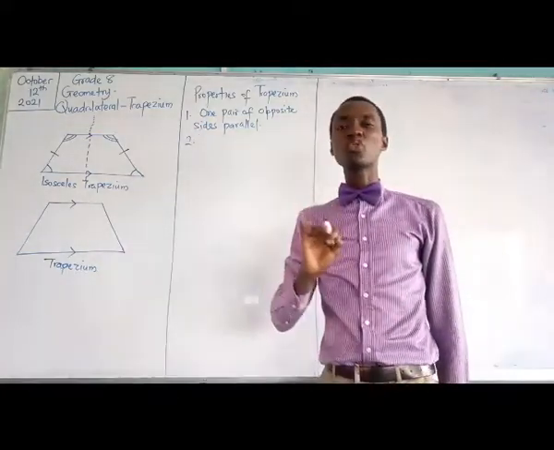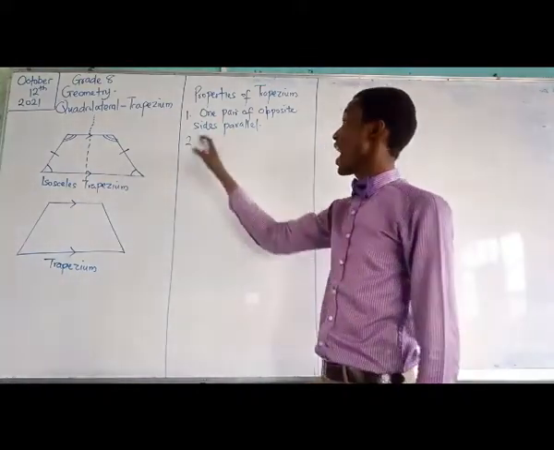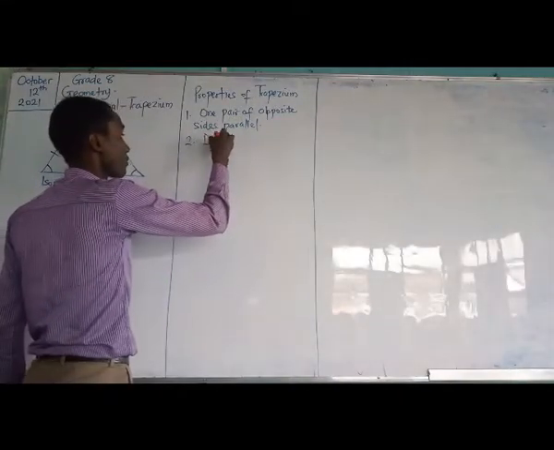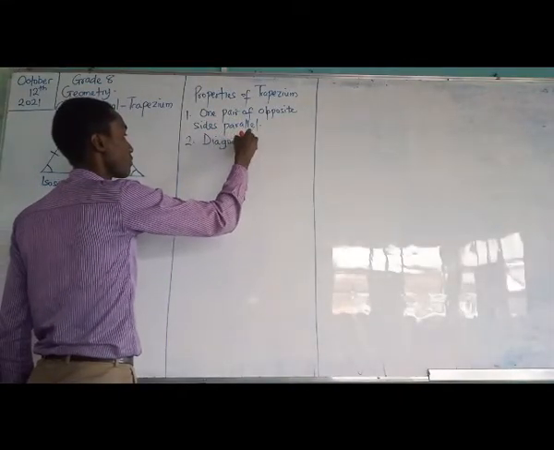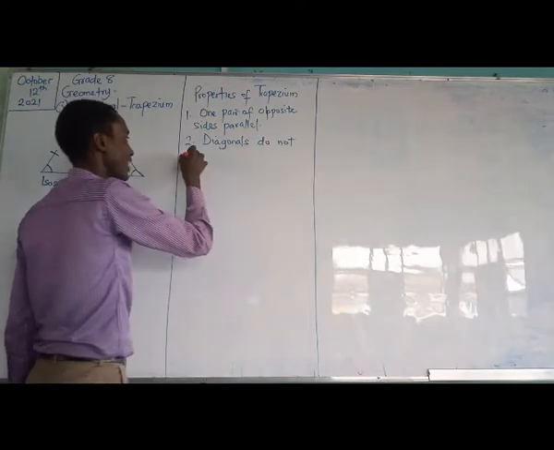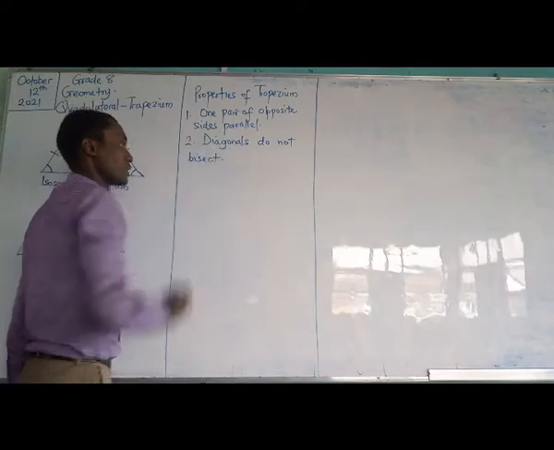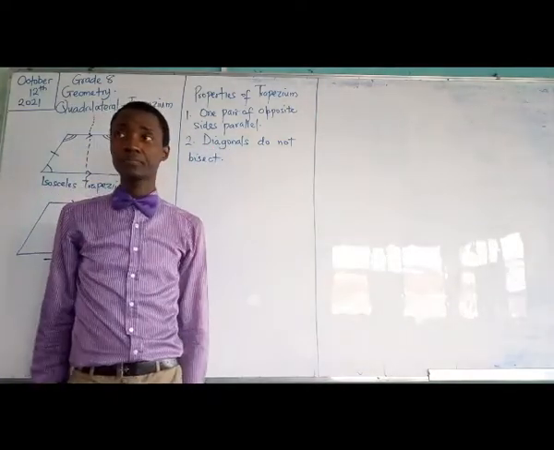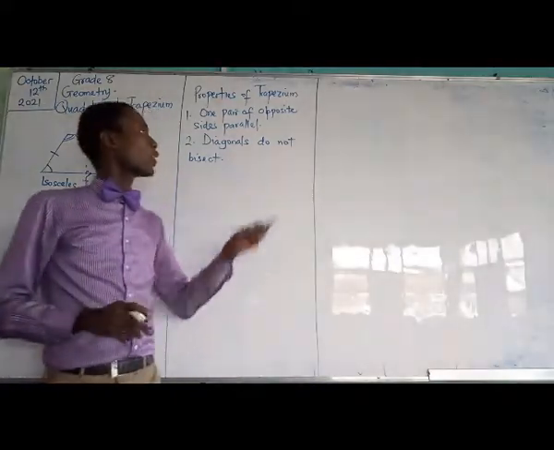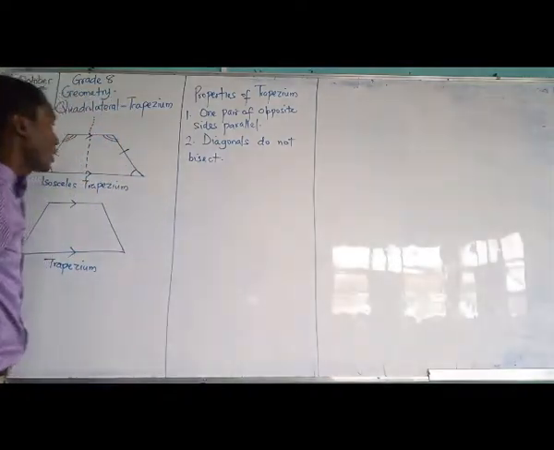That appears to be the most unique property in the trapezium, because aside from that, every other thing, for instance, the diagonals do not bisect. Diagonals do not bisect. Even when we talk about diagonals intersecting, we don't expect anything too special when we talk about the trapezium.